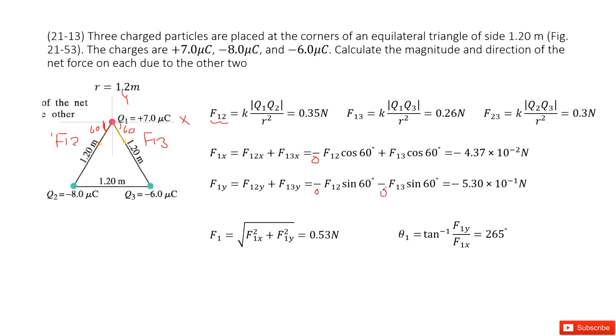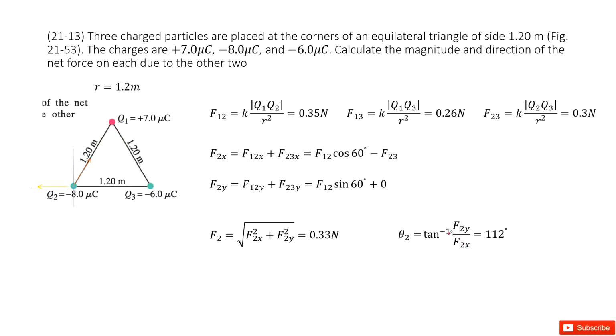Similarly, we have a negative sign for F13 projected onto the Y component, so it is negative F13 sine 60 degrees. We input the known quantities and get the answer. Therefore, we can get the magnitude of this net force as the square root of the X component squared plus the Y component squared, and get the answer. And the angle is the arctangent of the F1 Y component over the F1 X component. So we get the answer there.